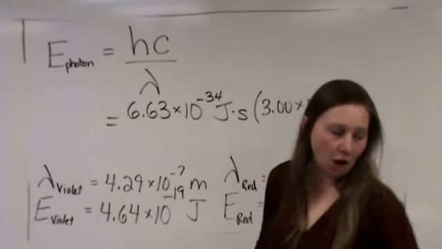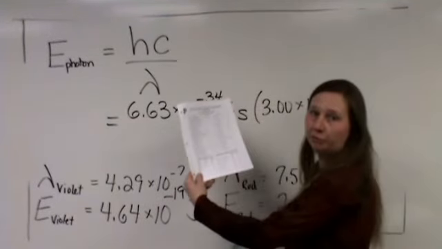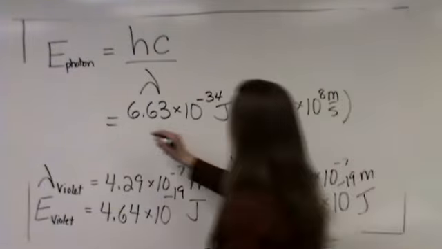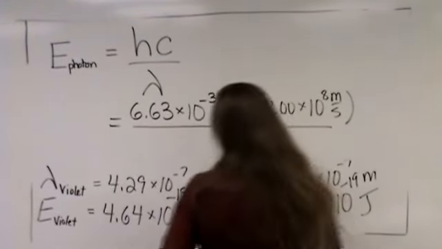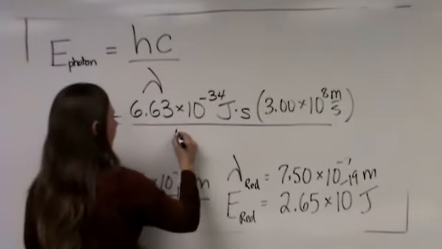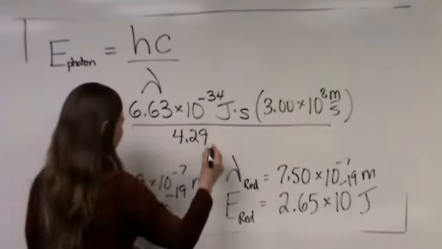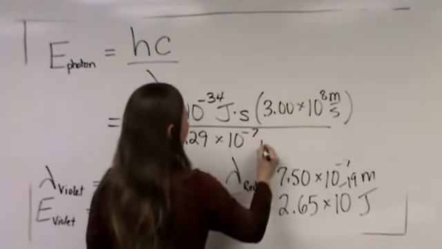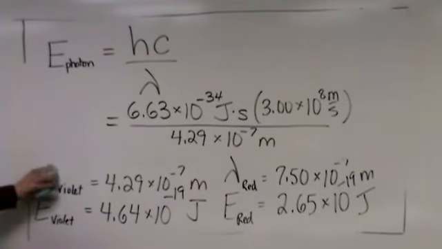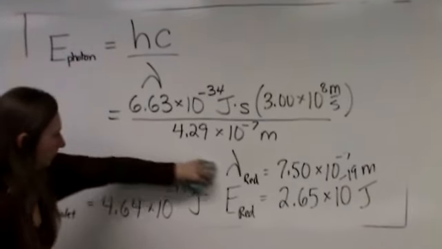Remember, you're looking all these constants up on the front of the reference tables. All right? And divided by the wavelength of the violet light, 4.29 times 10 to the negative 7 meters. All right, now I tell you what, we can erase that. We don't need him.